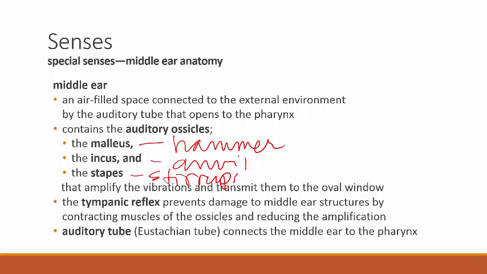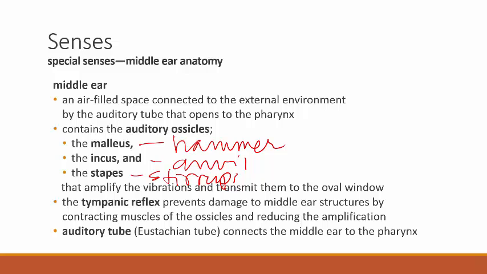The oval window is another membrane similar to the tympanic membrane, but this is a membrane that covers an opening into the inner ear. So we transfer via the three auditory ossicles the vibrations that we get when we're hearing into vibrations at the oval window, but those vibrations are much stronger when they arrive at the oval window.